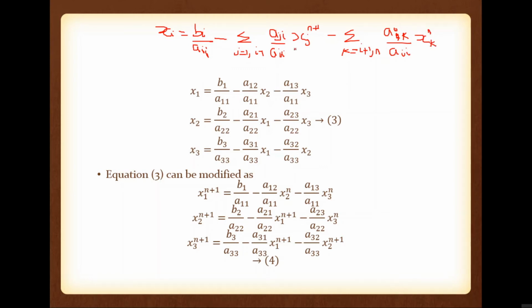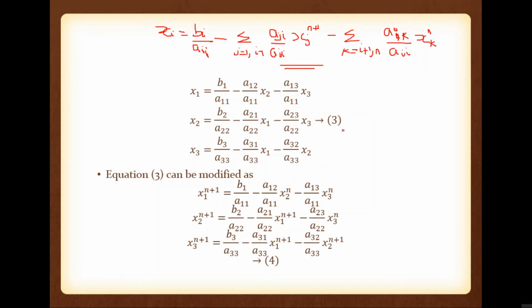So this is the generalized equation. If it is Jacobi method, we have only one sum, that is sigma j equal to 1 to n, where j not equal to i, a i j divided by aii x j n. That is Jacobi method.